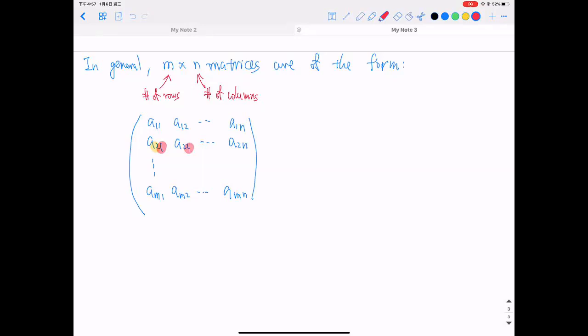Okay, so let me maybe write that down. First index indicates row. Second index indicates column. Okay, so very well.